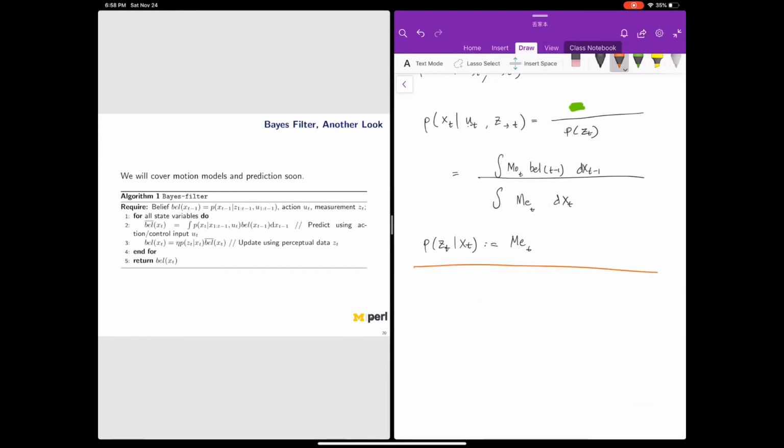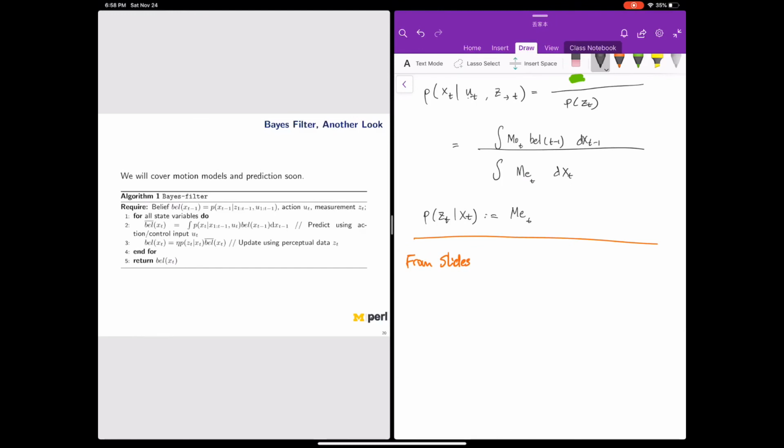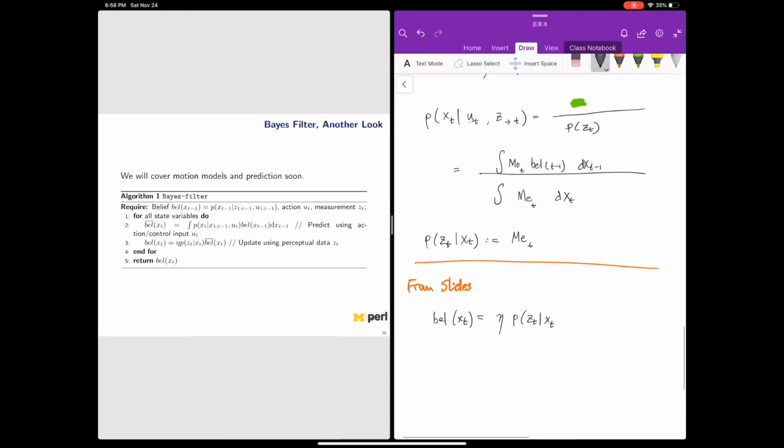From slides, the recursive relationship is belief xt is equal to some normalization factor times p of zt given xt, the measurement model, times the prediction, which is basically the motion model.